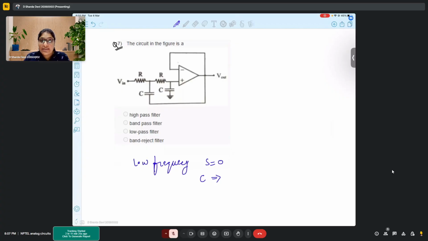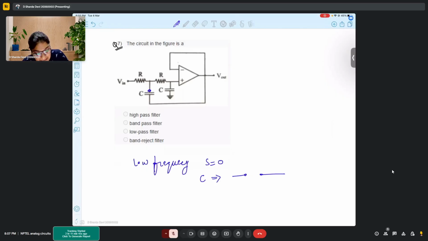For low frequencies, is the capacitor open circuit or short circuit? For low frequencies, it is open circuit, right?